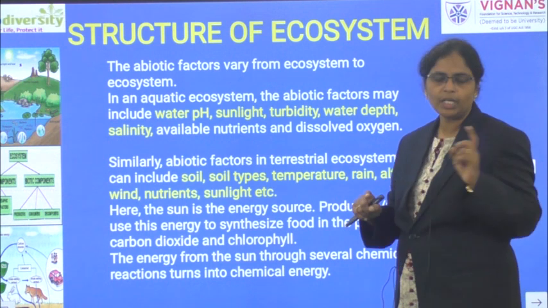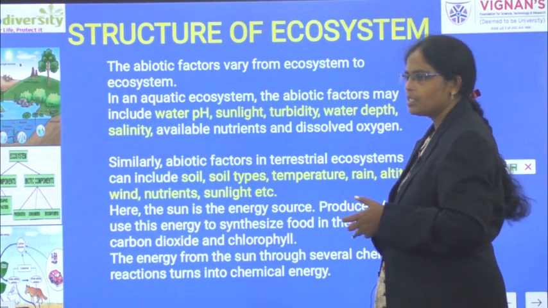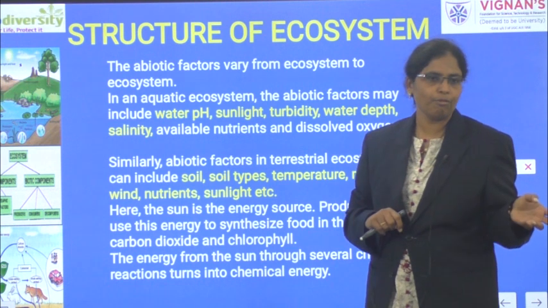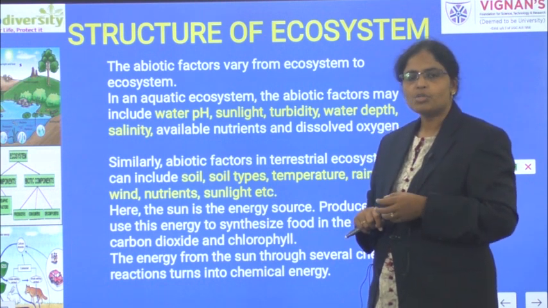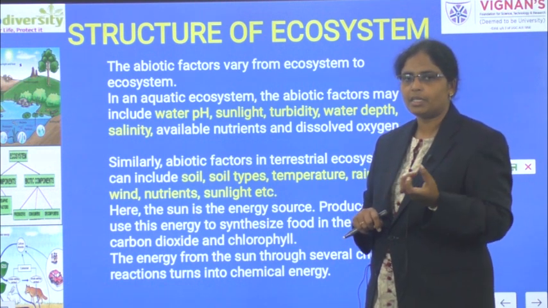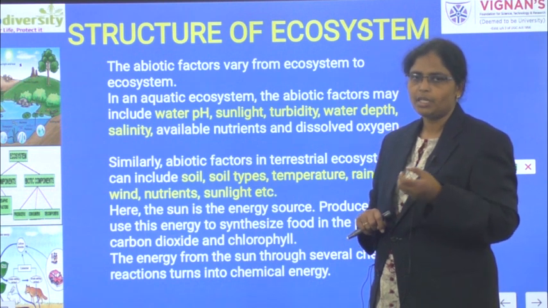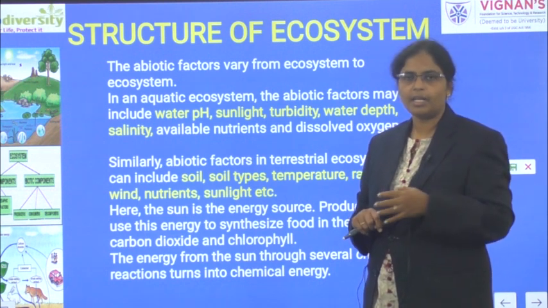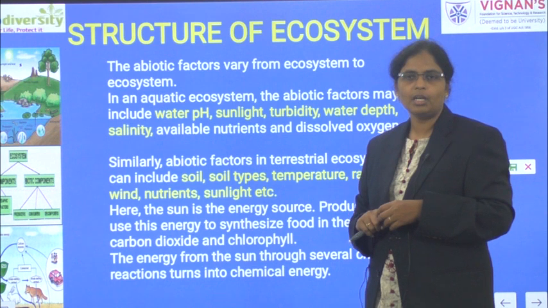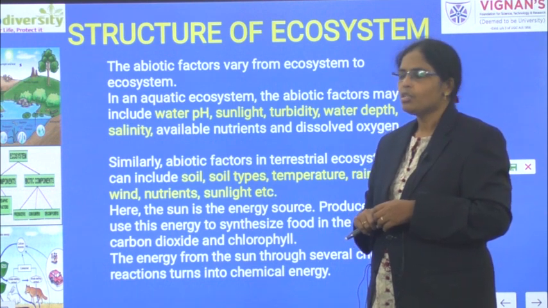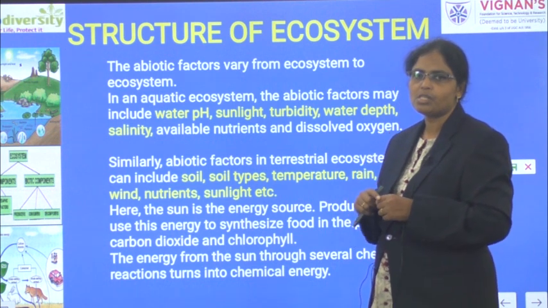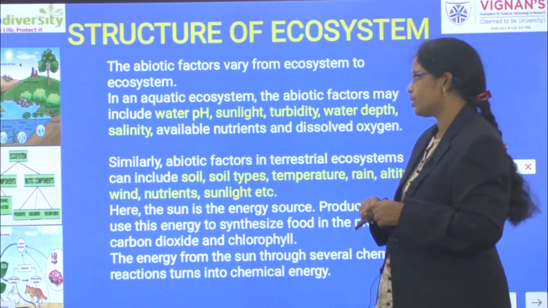If you see this particular room as an ecosystem, then table, chairs, floor and cloth, all these materials come under abiotic components. If we take a grassland, there the tools are the abiotic components. So that means they vary from one ecosystem to another ecosystem.